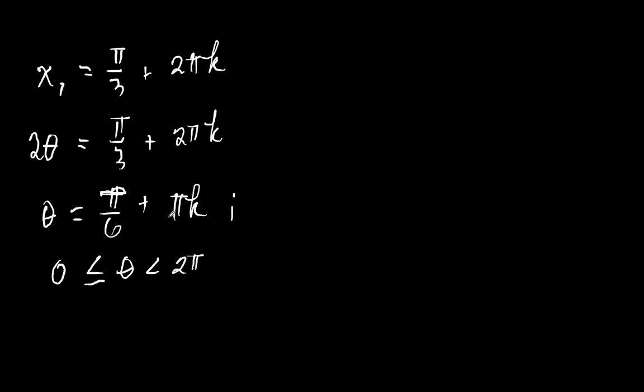So what are the values of k here that will satisfy the given condition? Let's say k is equal to 0. Theta is equal to pi over 6. There we go. And how about k is equal to 1?